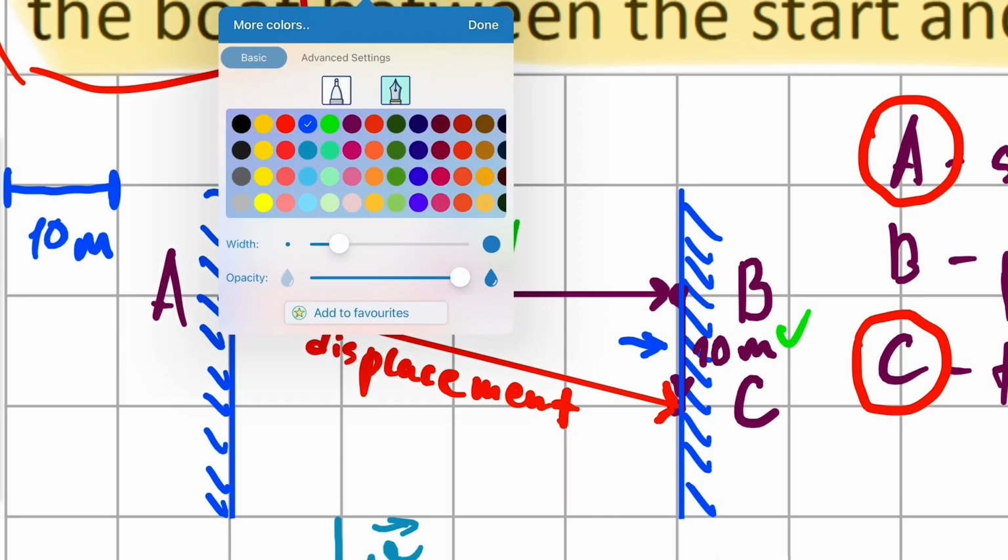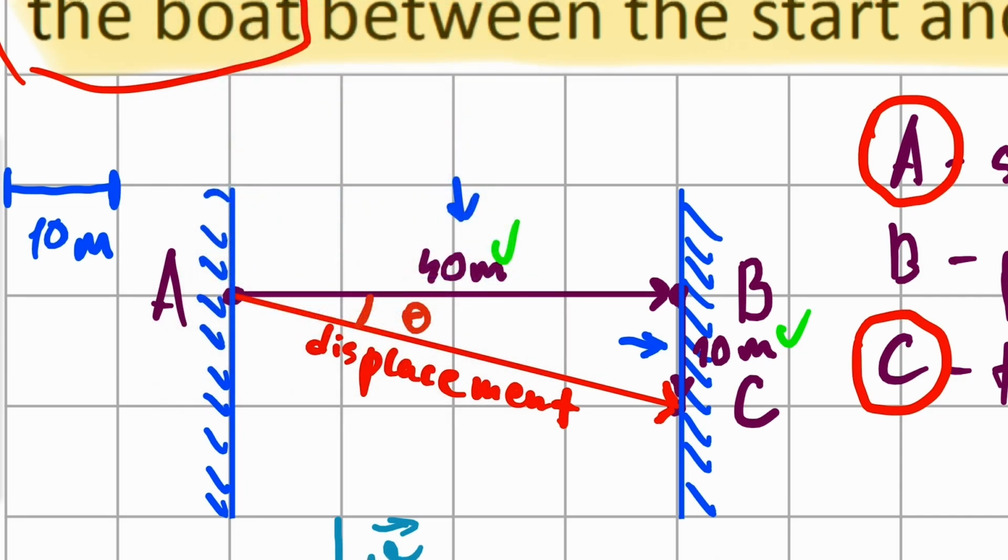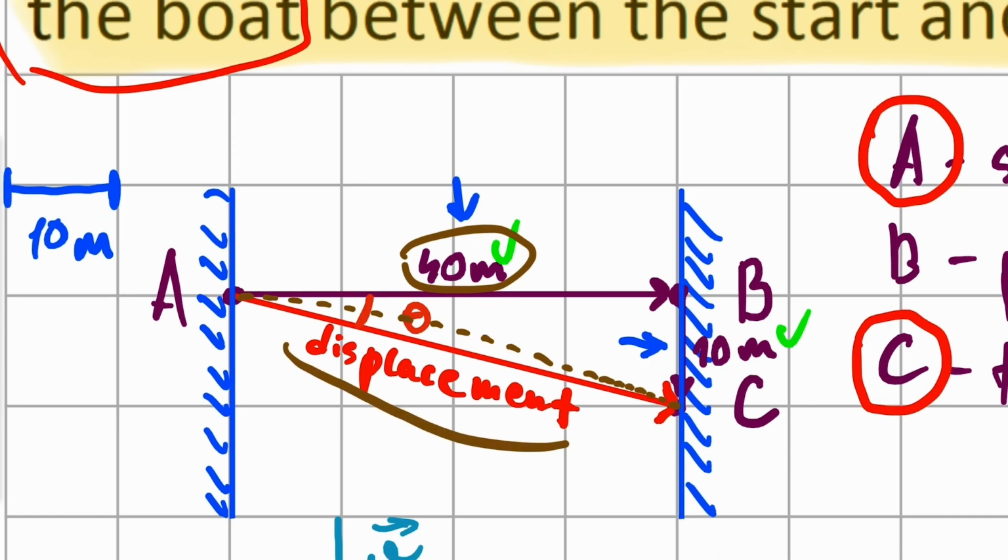Why? Because, let's choose another color, the trajectory at which the oarsman was moving was approximately this curve. And as you can understand, by no means can this distance be equal to 40 meters or to the displacement, because it has a completely different length.